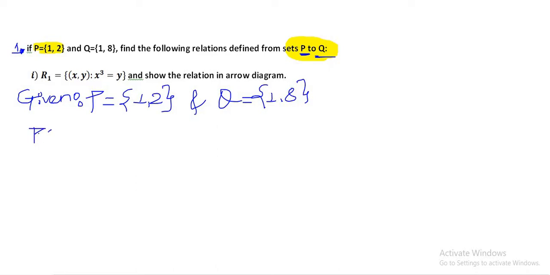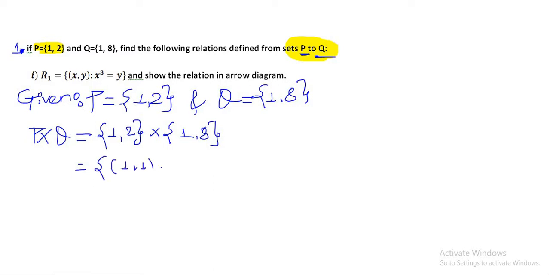The Cartesian product P cross Q is equal to {(1, 1), (1, 8), (2, 1), (2, 8)}.